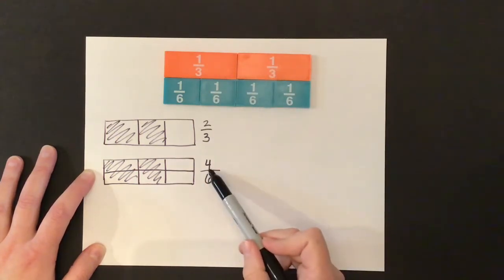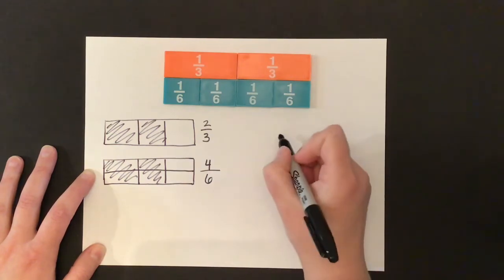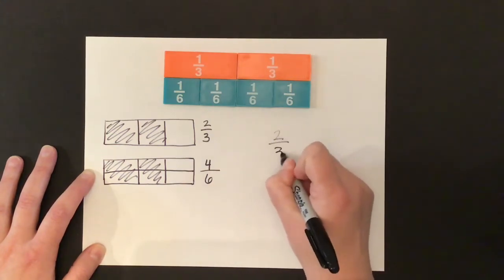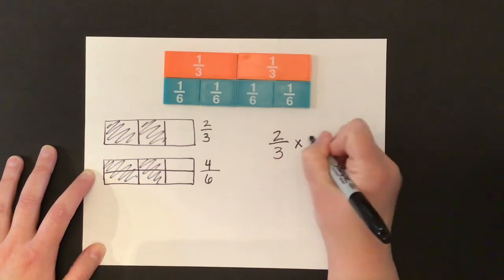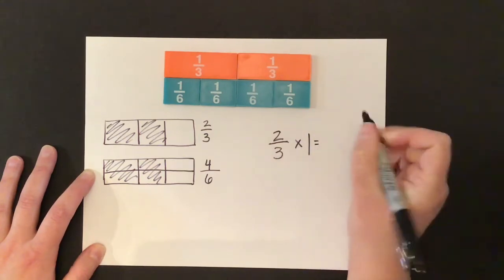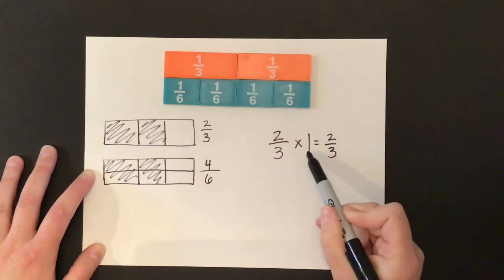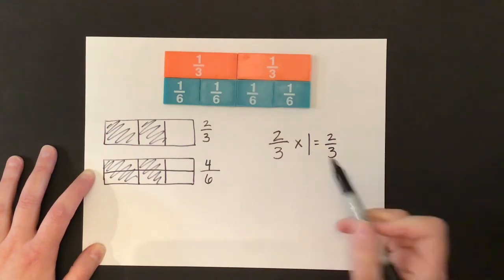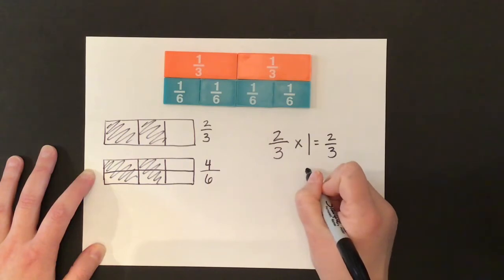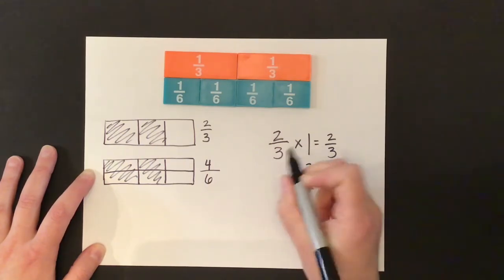We could find 4/6 by using the shortcut. So we can think of 2/3 times 1 equals 2/3, but we're going to change that 1 into a fraction that's equal to 1. So I'm going to change it to 2/2.